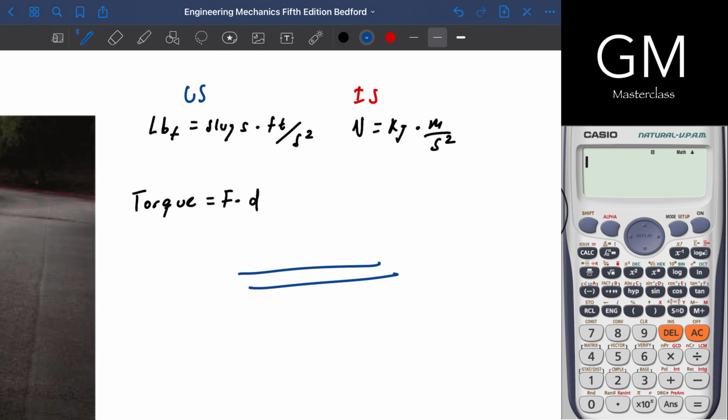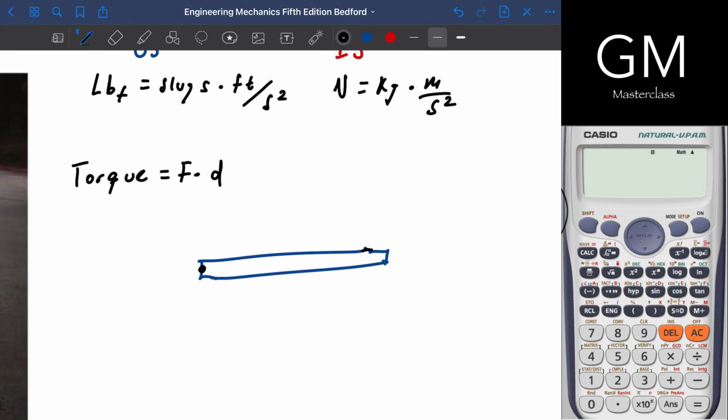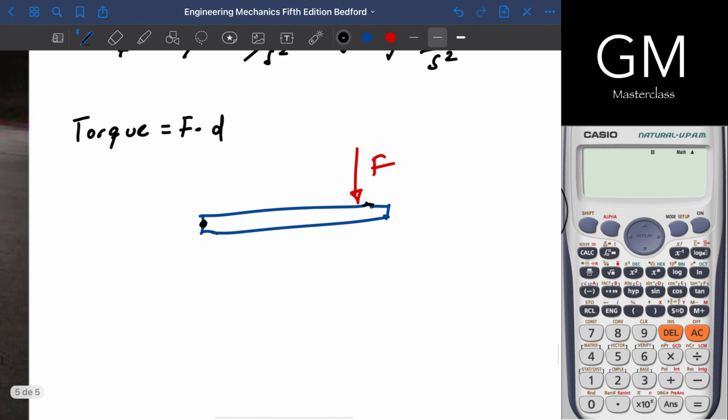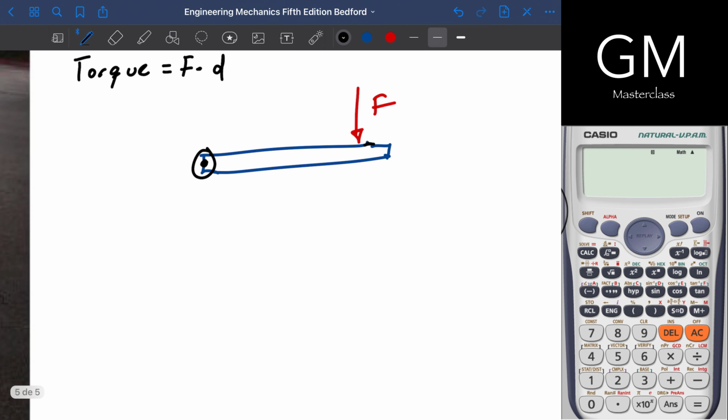When we have, for example, a table, and we take the root as our central point of the table, and we apply a force, for example here, that force is going to generate a torque at the root of the table. So that torque is going to be equal to the force, which is this one, multiplied by a distance, and that distance is this one.